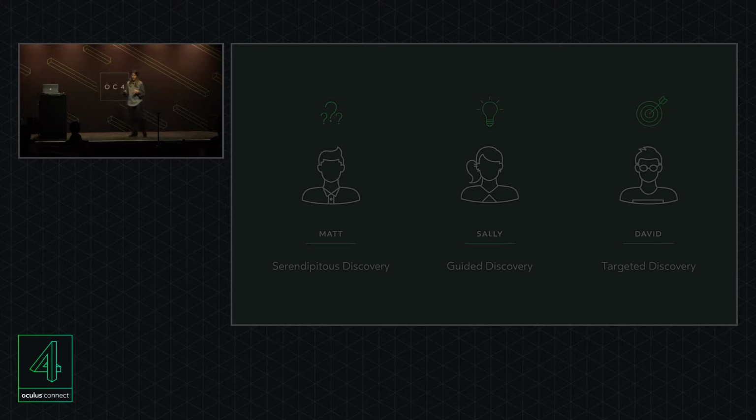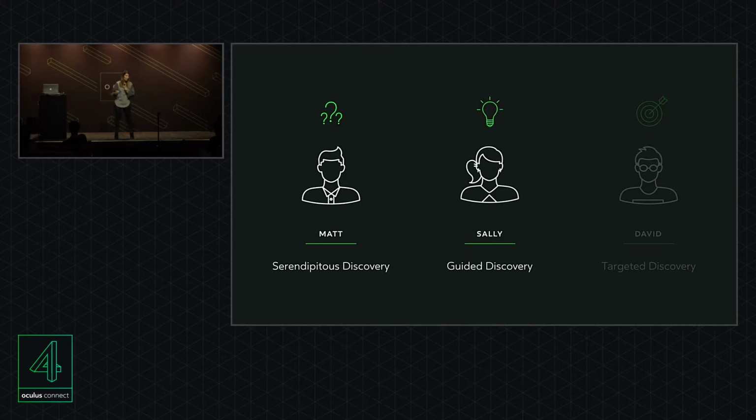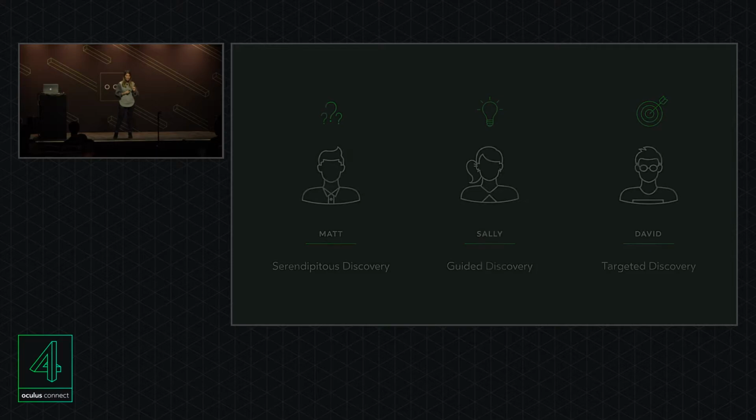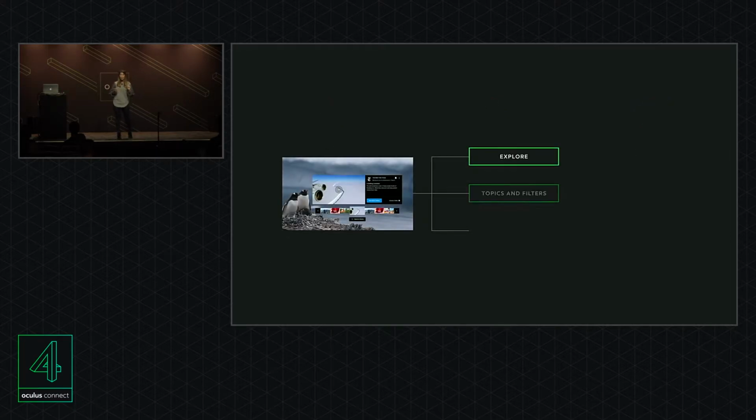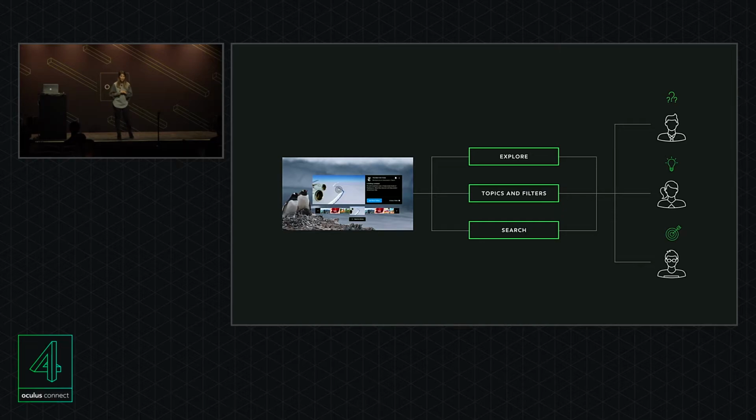So, you heard how Matt, Sally, and David discover content in Gear VR: how they use Explore for serendipitous discovery, how they use topic selection and filters to express their intent, and how they use search when they know exactly what they want. The good news is, to increase traffic to your app, there is only one thing you need to do.